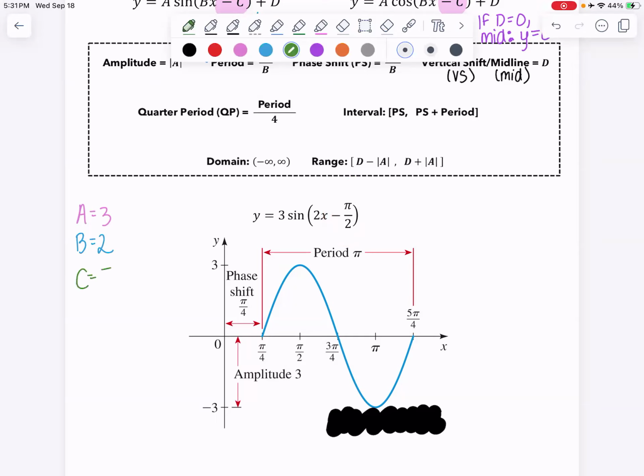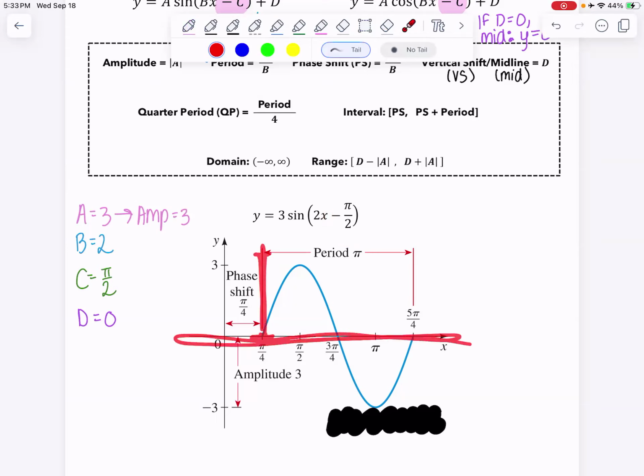C is pi over 2. And there is nothing being added on the outside, so D is equal to 0. If A is 3, that means the amplitude should be 3. And if you look right here, from the midline to the top, that's 3. So the amplitude is 3.